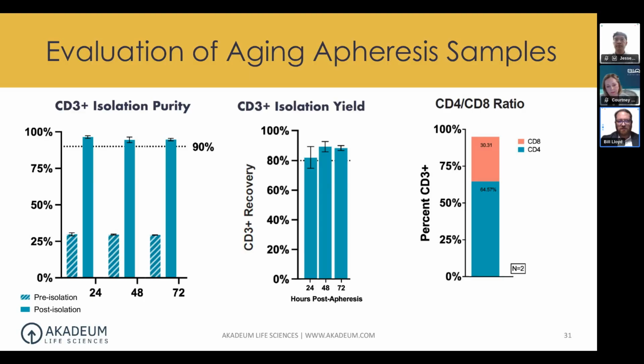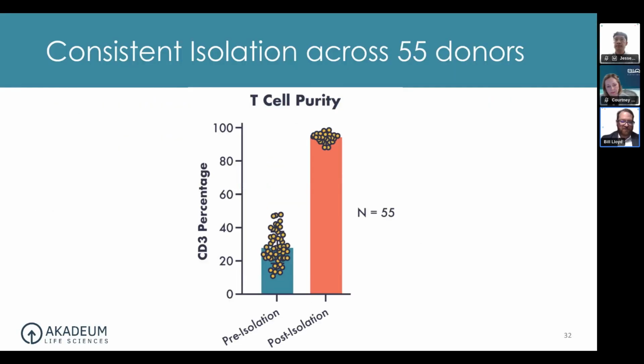And so while we started with this question of what happens with aged apheresis samples, the second question that we could ask is, well, how does this isolation persist over all the recallable donors that BioIVT has, right? This was, as I said, several samples, but we were curious how it would hold up over a much larger data set.